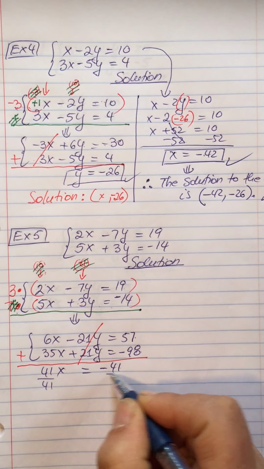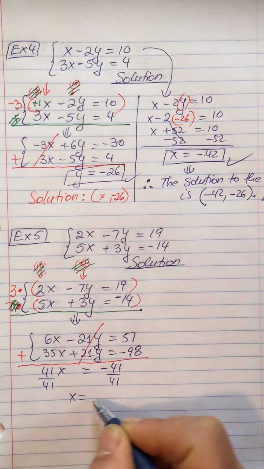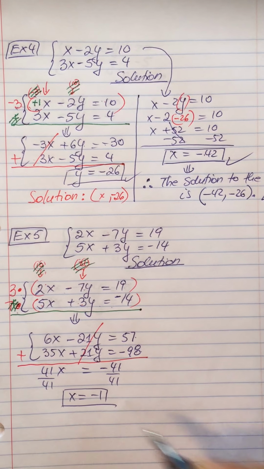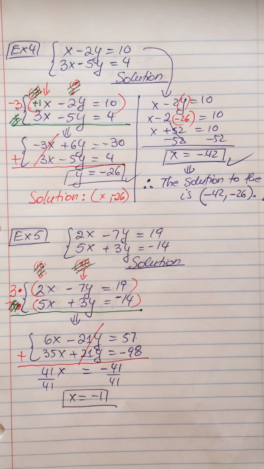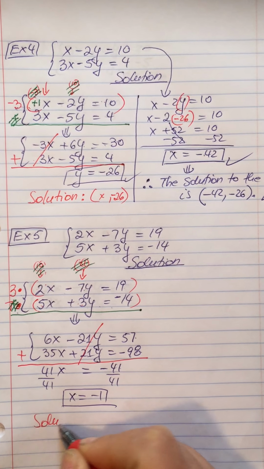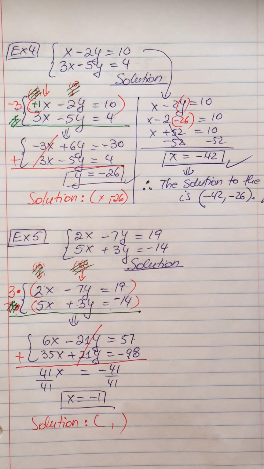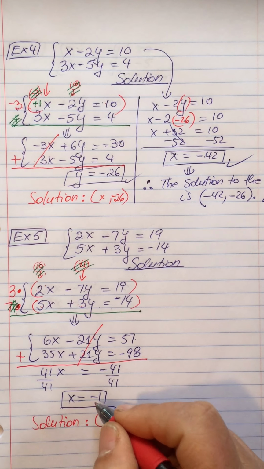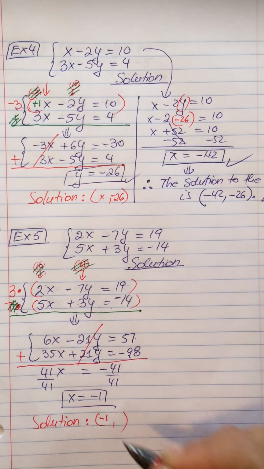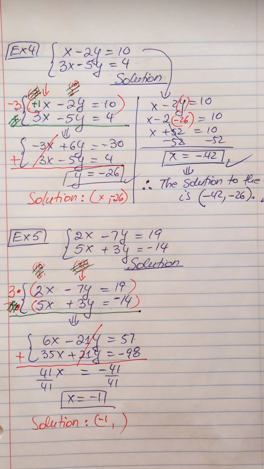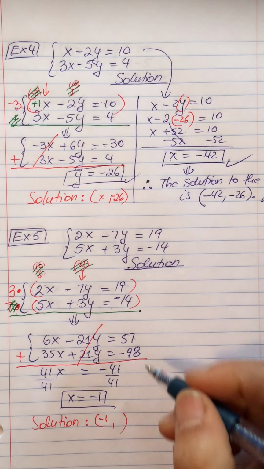Dividing by 41 on both sides, we get that x is negative 1. Let's go quickly. Write the solution point, because the solution point is waiting for the values. So negative 1 is the first value, the first coordinate of my solution.